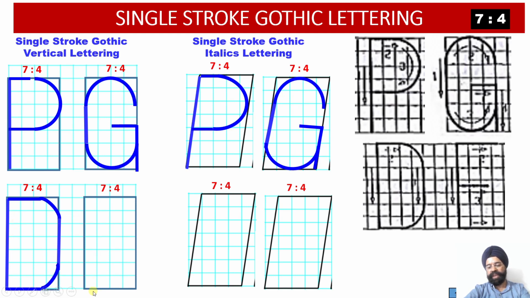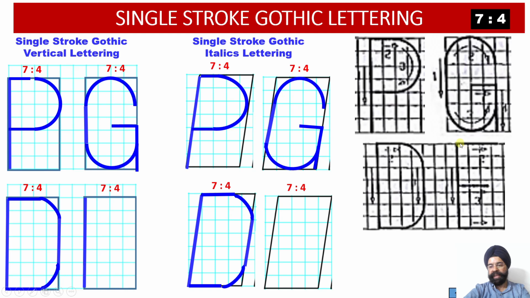So this gives you the complete construction in how many steps? 1, 2, 3, 4, 5. In 6 steps or 6 strokes, you will be able to complete the construction of your vertical D. Now this is the same thing in italics. 1, 2, 3, 4, 5 and then 6. So the only thing is the top portion has moved forward by 1 block.